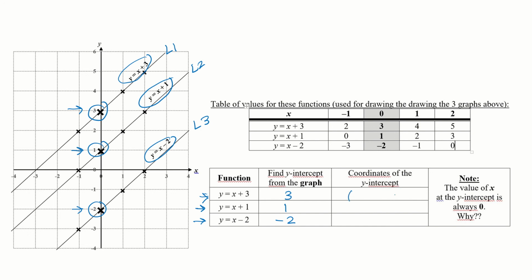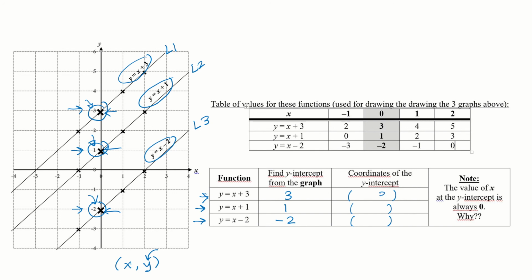Now what about the coordinates of the y-intercept? We all know the y-intercepts are these three points. If I say coordinates, I must have the value of x and y in a bracket. We know the y values: 3, 1, and negative 2.